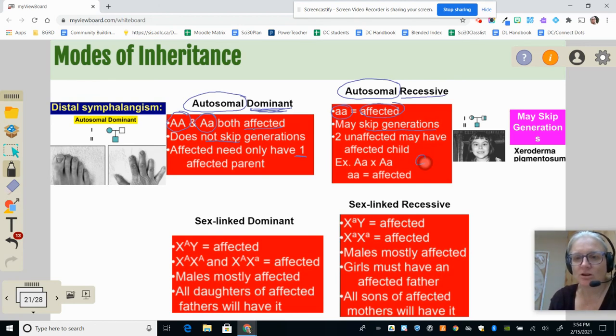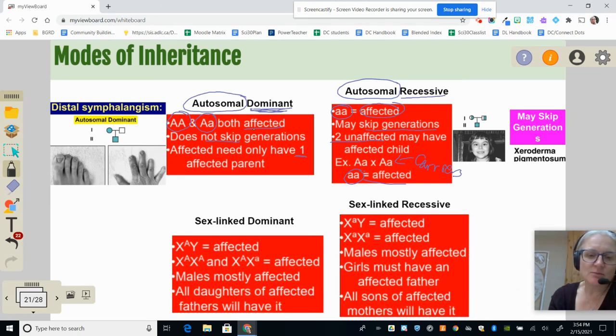And these are both carriers here. 2 carriers can give you an affected child. So you'll skip a lot of generations because of carriers. So 2 unaffected people may have an affected child, and there's your example of 2 carriers.